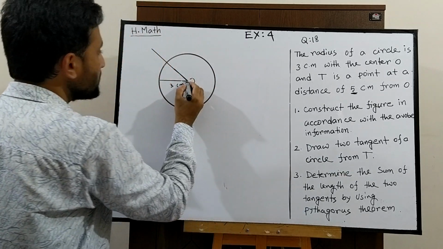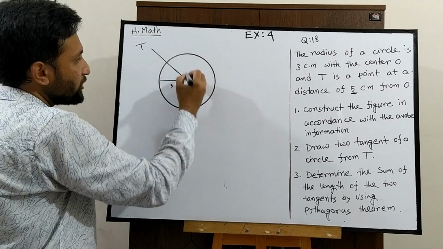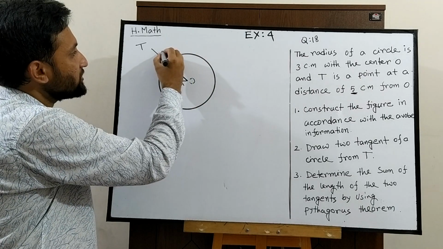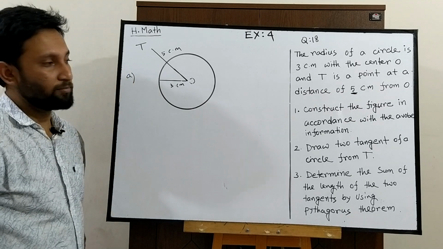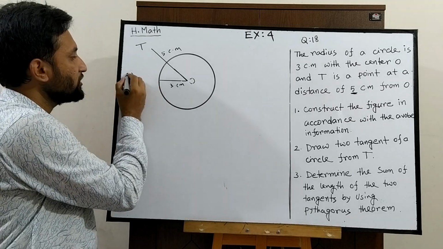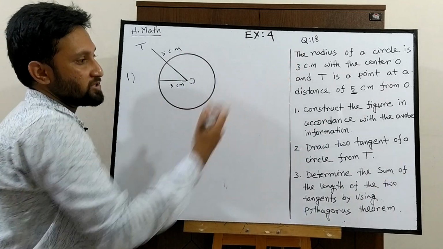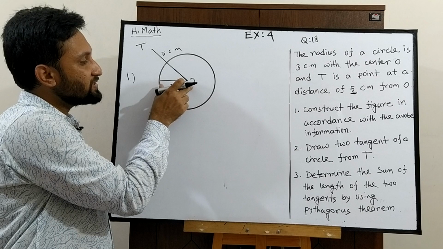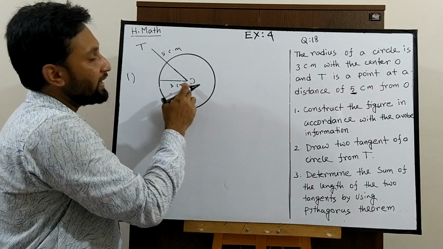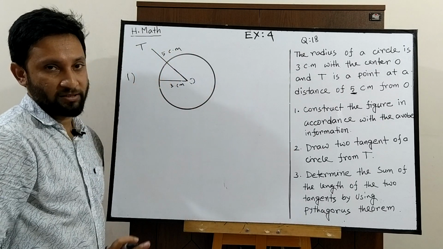Imagine this is the point T and the distance from the center is 5 centimeters. So the first part is complete. Construct the figure according to the information. From the center, the radius is 3 centimeters, and the outside point T is at a distance of 5 centimeters from the center.